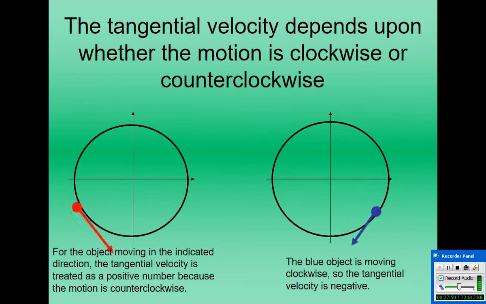The object on the left, the red one, is going around a circle counterclockwise, so it has a positive angular velocity and a positive tangential velocity. The blue circle on the right is going around the circle clockwise, so it has a negative angular velocity and a negative tangential velocity.